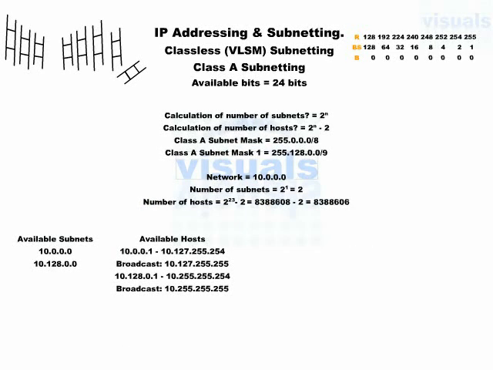Now let's move towards class A subnetting. Here we have 24 bits. Formulas are the same. Class A subnet mask is 255.0.0.0. Here I'm going to apply 1 bit, and just note the octet number. It is octet number 2. We're going to apply it on this network 10.0.0.0.